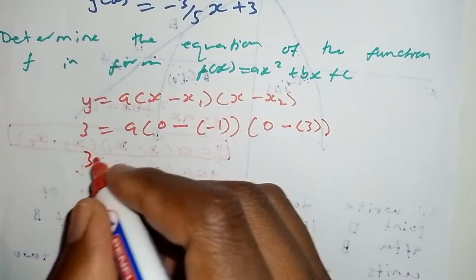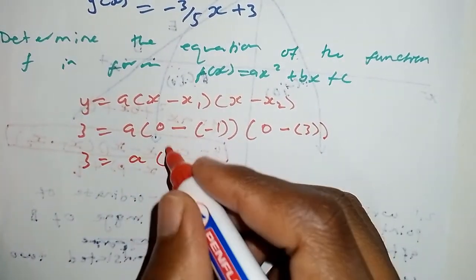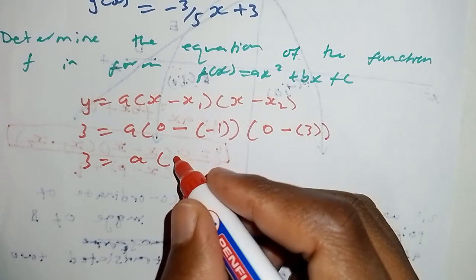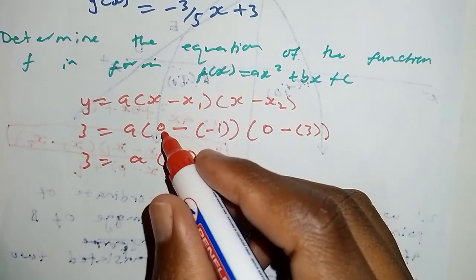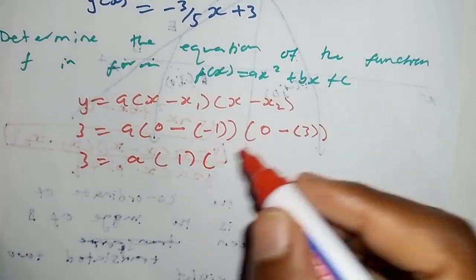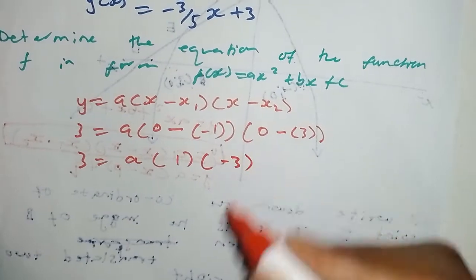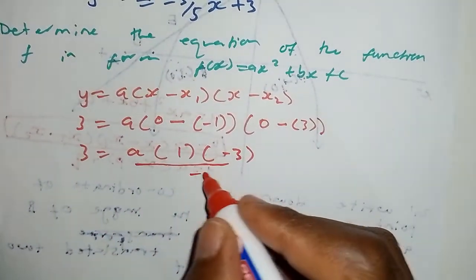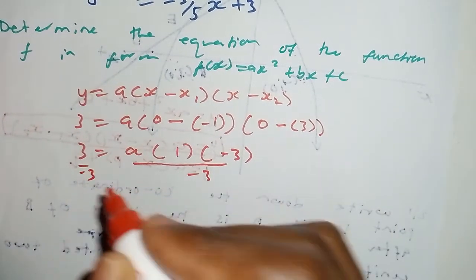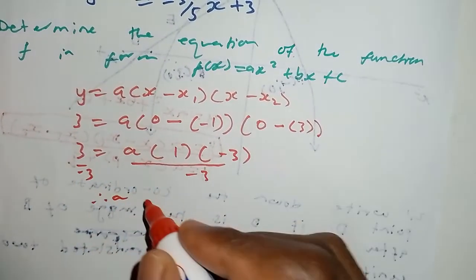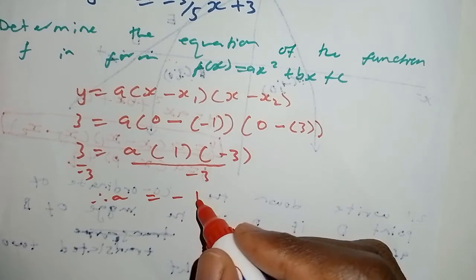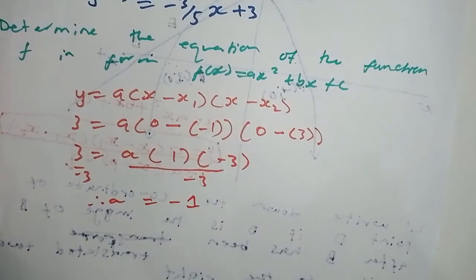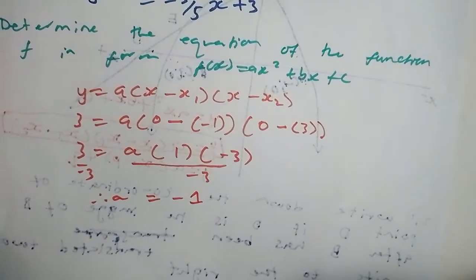And then 3 is equal to a into, this will give us 1, because it's going to be 0 plus 1, into negative 3, right? Okay, now divide by negative 3, divide by negative 3, therefore the value of a is equal to negative 1, right?